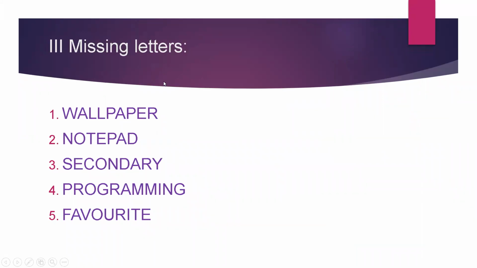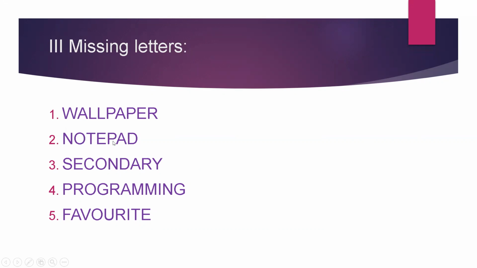Missing letters. So the words are given. In between the spellings, the letters are missing. The first word is very easy, and you know it well. You are familiar with the first word, wallpaper. And just think now, where have you heard this word wallpaper? The next word.